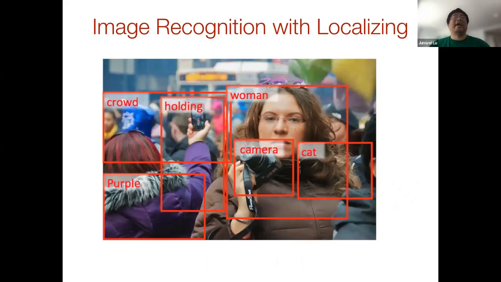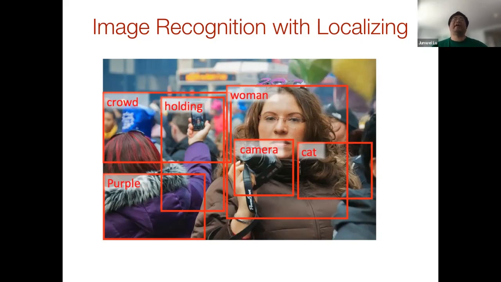And the next task is another interesting example. We use the same thing for localizing: use small rectangles to identify the different concepts in the images. And in the algorithm, you can identify there's a woman, camera, cat, purple, crowd, holding. So the next question is, can we understand what's happening in this image, right?